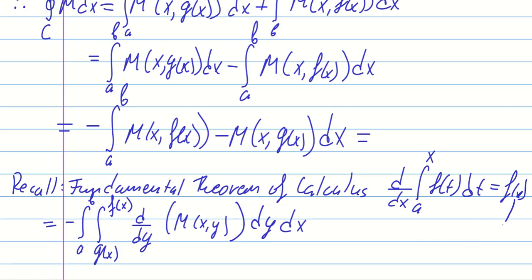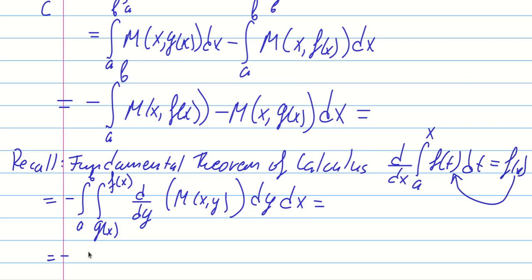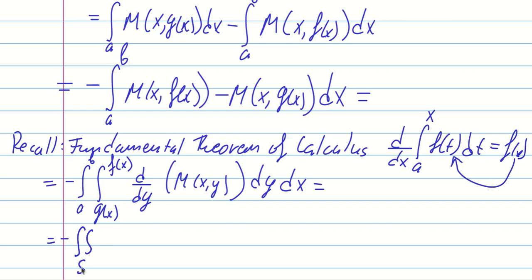So we move from this side to this side. So what does it mean over here? This means that it's going to be negative, and you see y goes from g to f, so it's exactly our region S. So we can put S over here, and here we can put the partial of m with respect to y, dA. This is our dA.